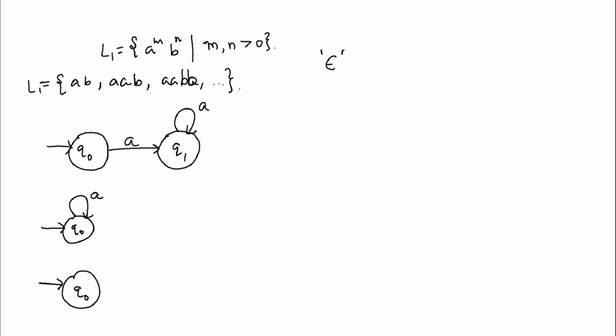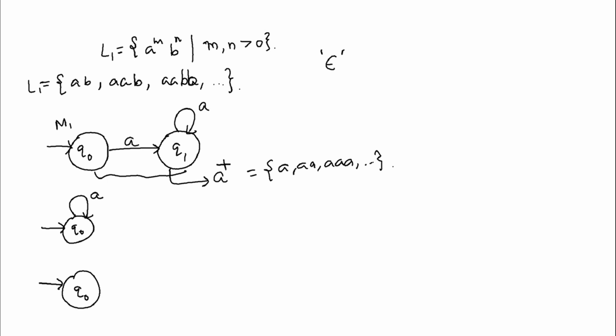By the time you reach Q1, the string that you have scanned so far is A plus. What is A plus? A plus is basically A, AA, and so on. So in this DFA, let's say M1, by the time you reach Q1, for any string, it means that the string traversed so far is A plus.